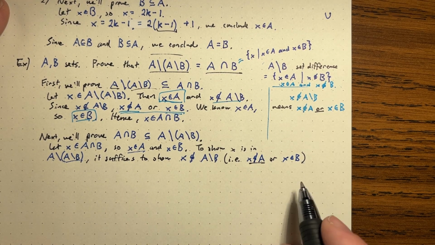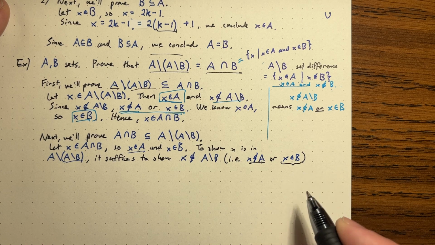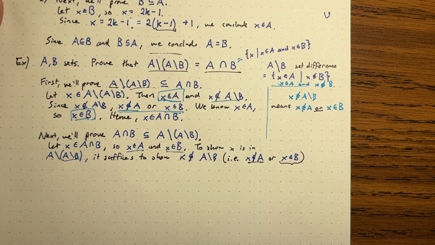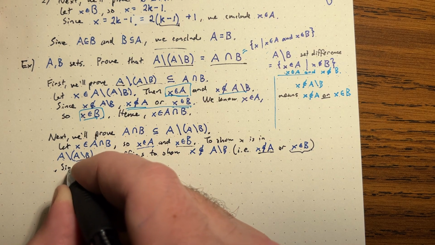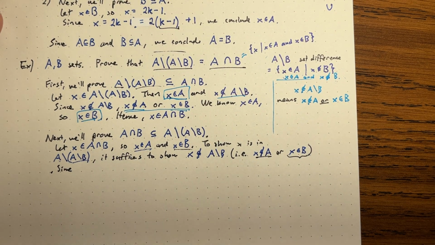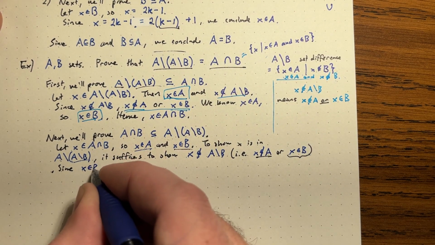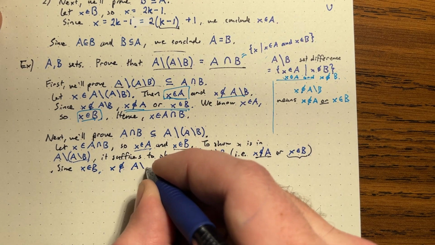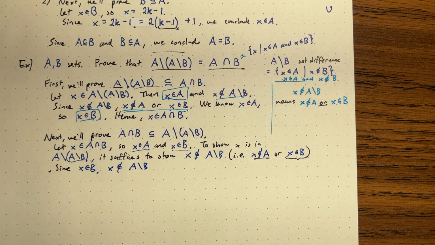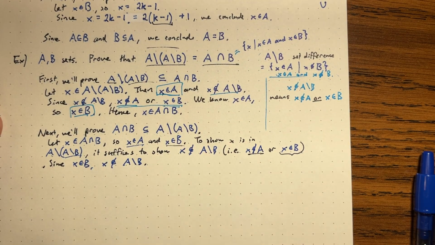Because x is in A. We might be able to show this. In fact, we can immediately because x is in B. So since x is in B, we definitely know that x is not in A minus B. So these are things that are in A but not in B. Okay.